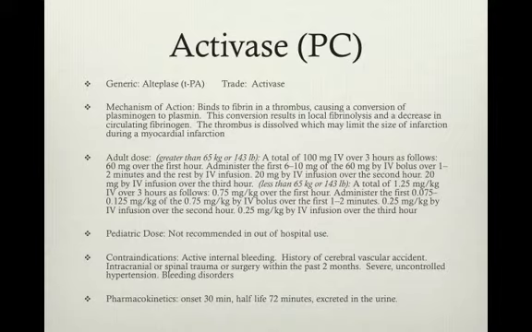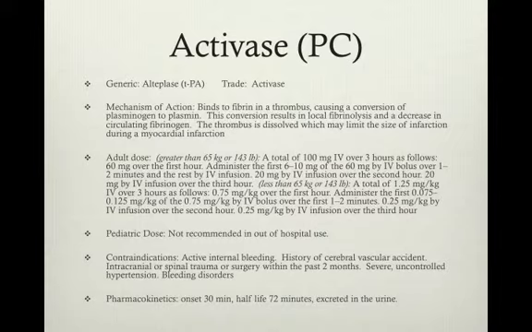So essentially 0.75, 0.25, and 0.25 milligrams per kilogram over each consecutive hour. 0.75 being the first hour, 0.25 being the second, and then 0.25 being the third. Pediatric dose is not recommended.